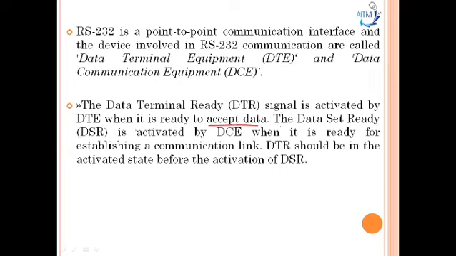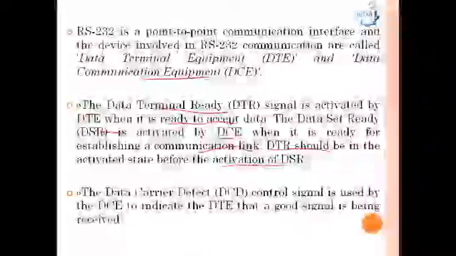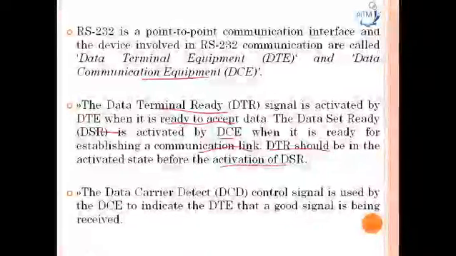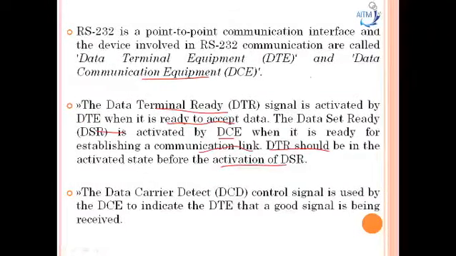The data set ready signal, DSR, is activated by the DCE when it is ready for establishing a communication link with the other systems. DTR should be in the activated state before the activation of DSR. The data carrier detect, DCD, control signal is used by the DCE to indicate to the DTE that a good signal is being received.